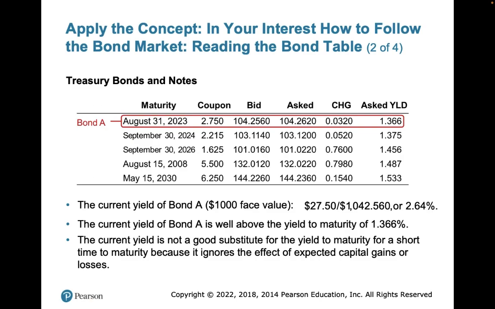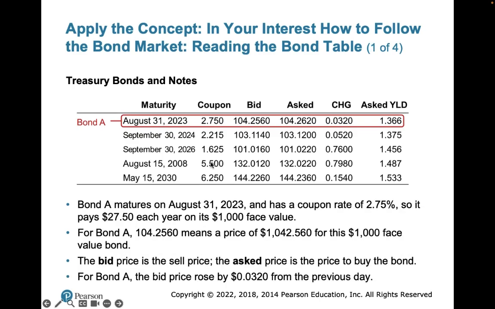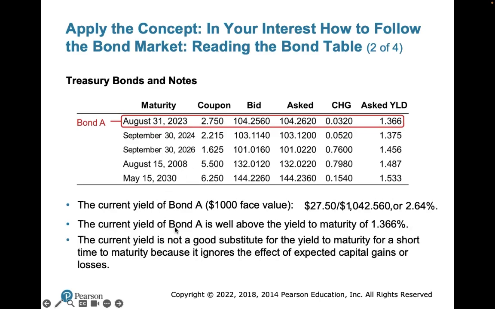We're going to see the current yield of bond A, which has a 1,000 face value. The current yield of bond A is well above the yield to maturity of 1.366%, and the current yield is not a good substitute for the yield to maturity for a short time to maturity, because it ignores the effect of expected capital gains or losses.